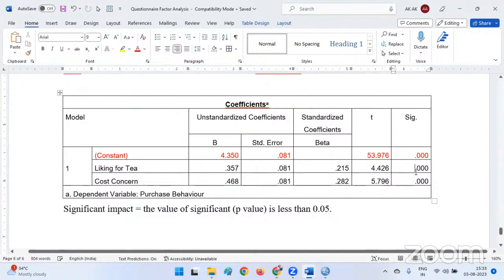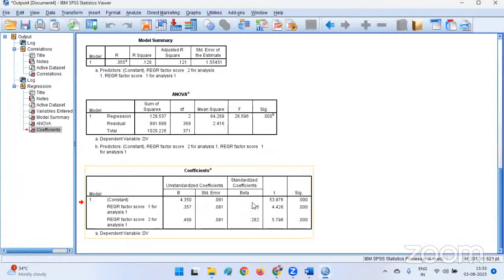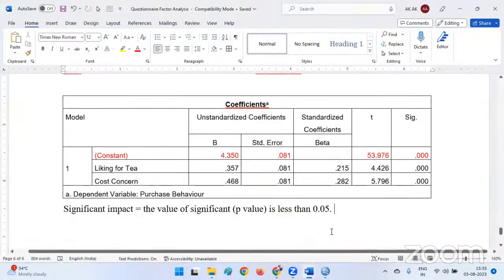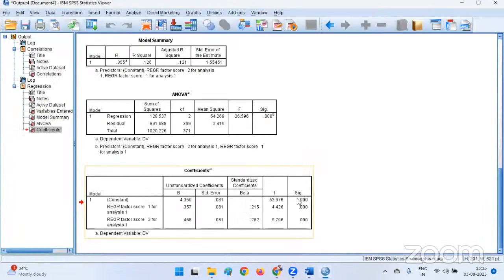Okay, so it shows 0.000. This is not actually 0.000. We show it like that, but it is never 0.